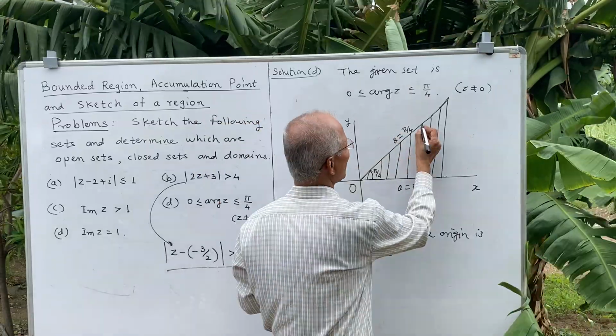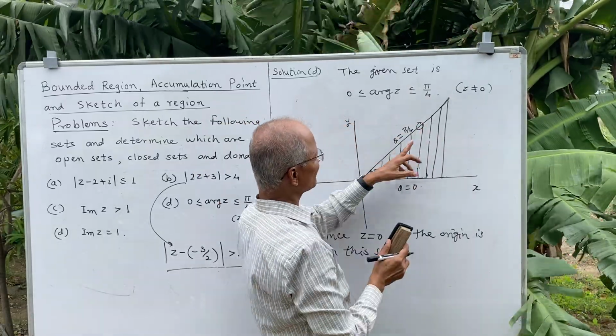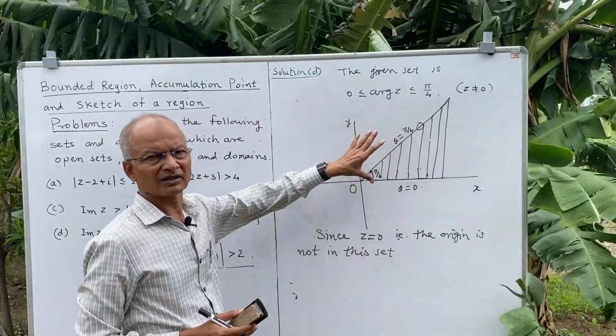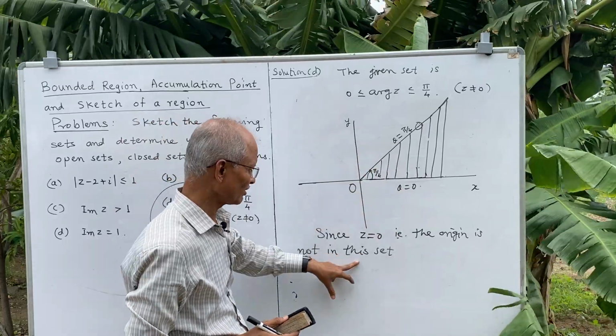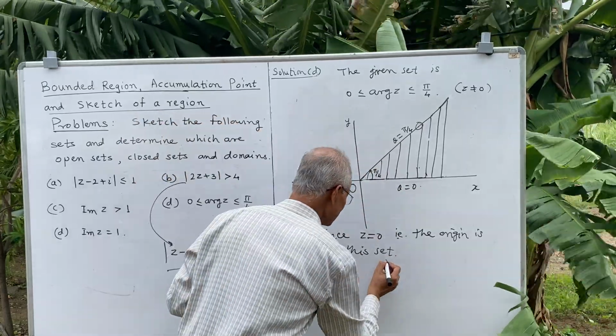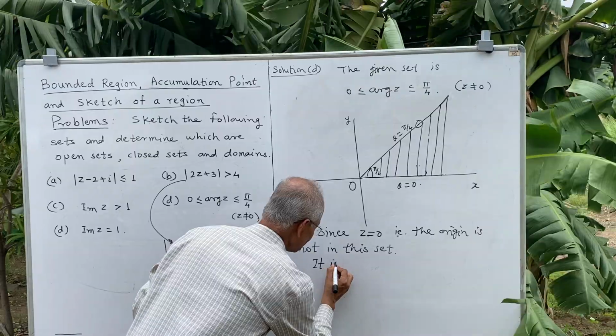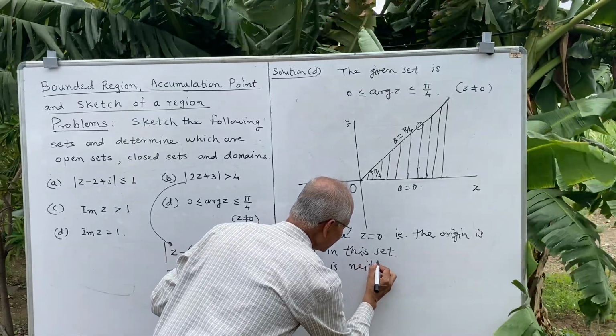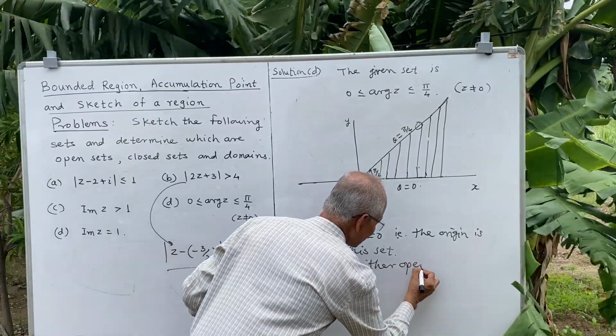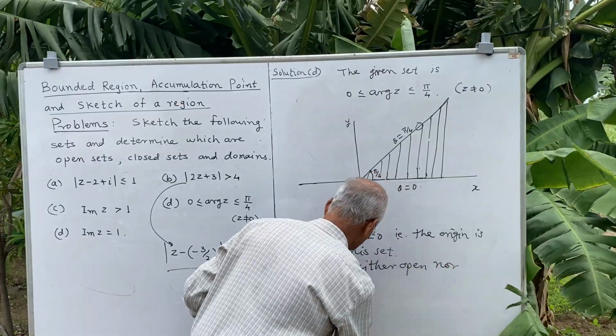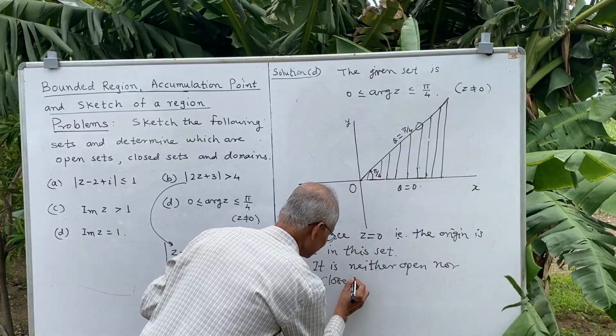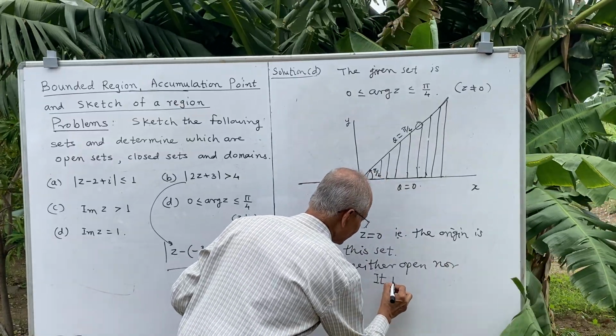Some part will lie outside this, and therefore this is not open, and this is not closed because the origin is not there, and therefore this set is neither open nor closed. It is not a domain.